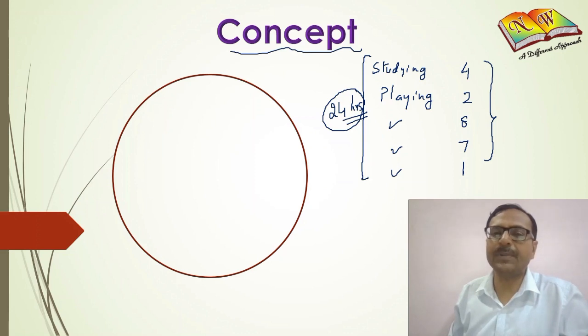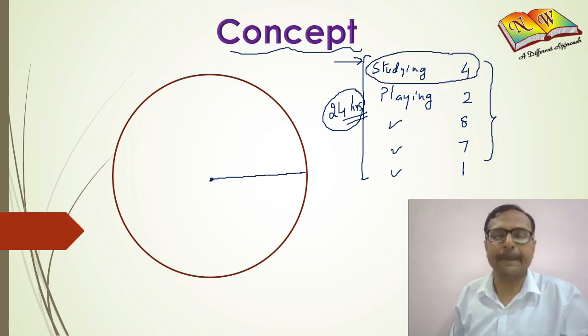So if we have to represent such data on a pie chart, then we first draw a circle of suitable radius, a random radius. You can draw it anywhere. Now we calculate the angle for the first head, that is studying. So 4 hours out of 24 hours multiplied by 360 degree, because that is the total angle at the center.